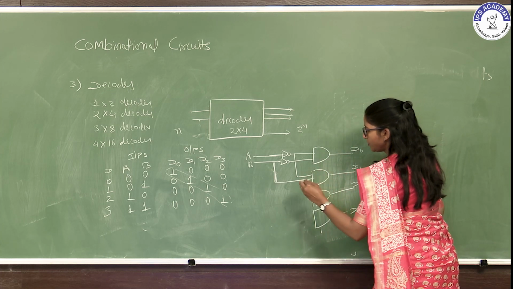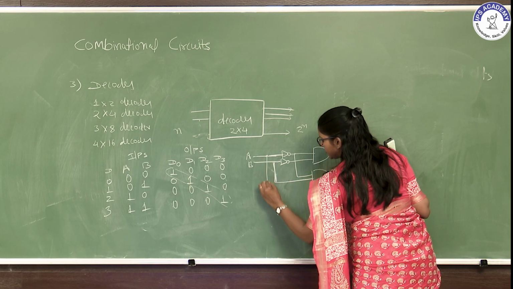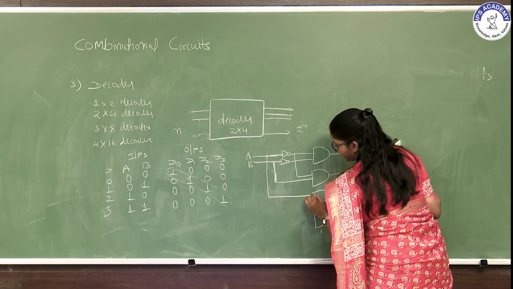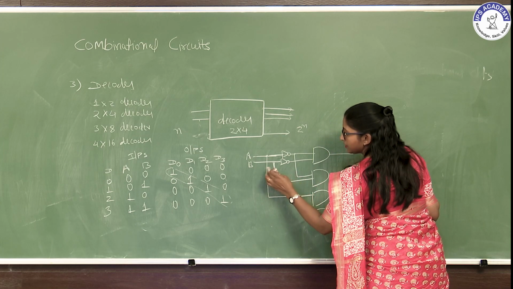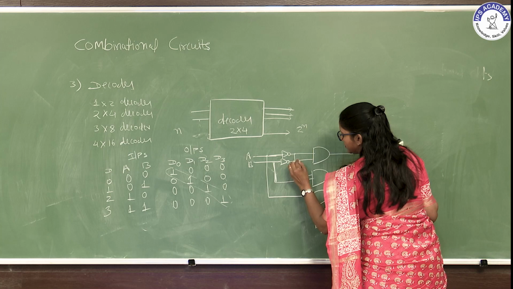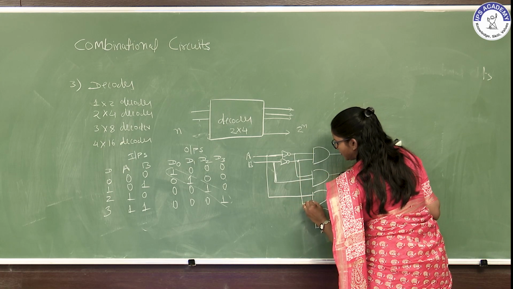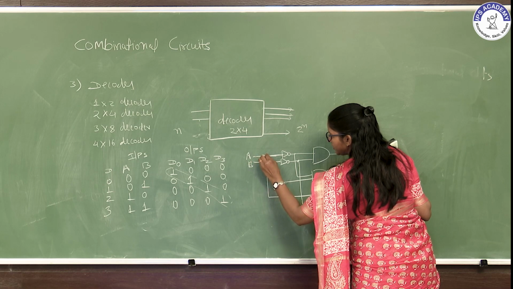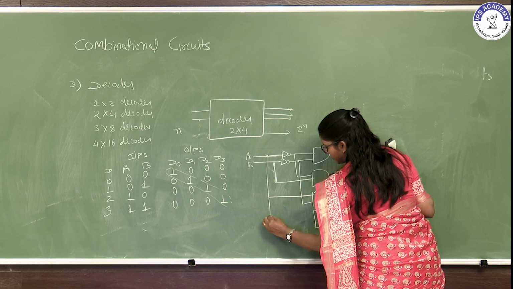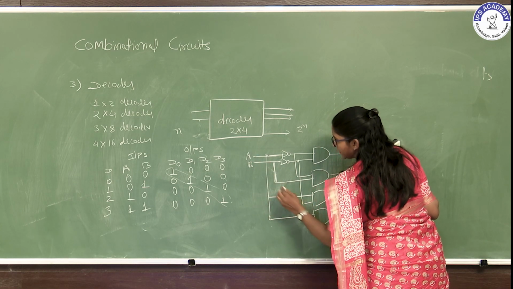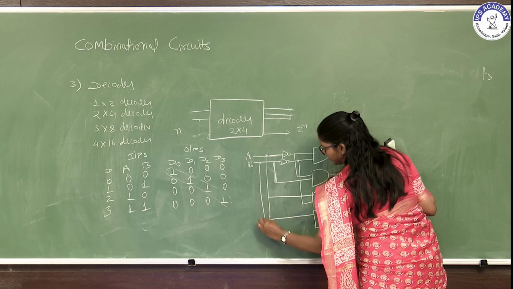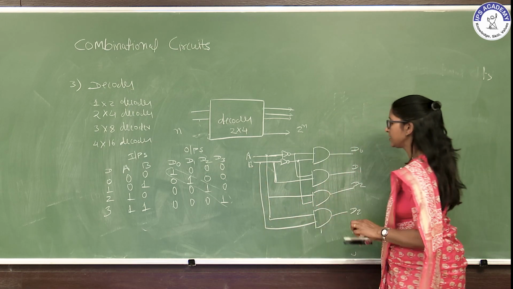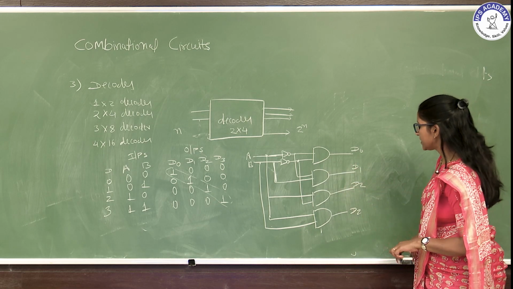Now 1 0, so this is 1 and this is 0 and 1 1. From this I can connect to this one as well as this one. This is another way to draw the circuit diagram.